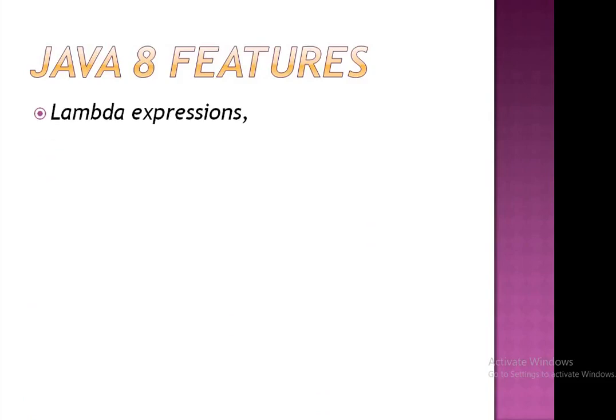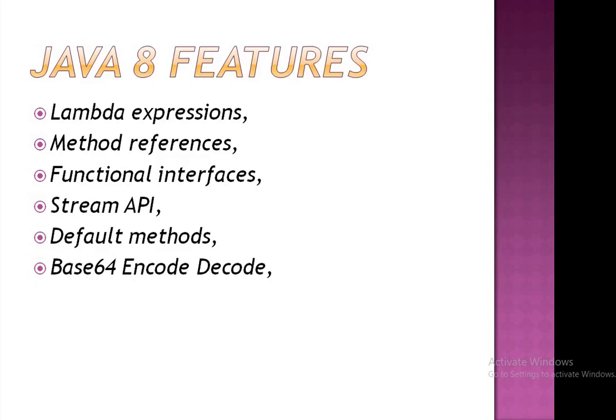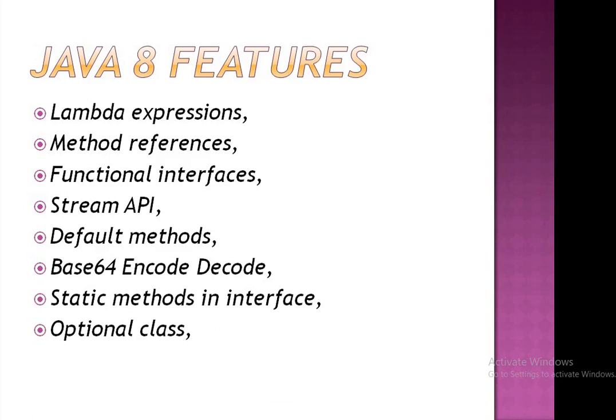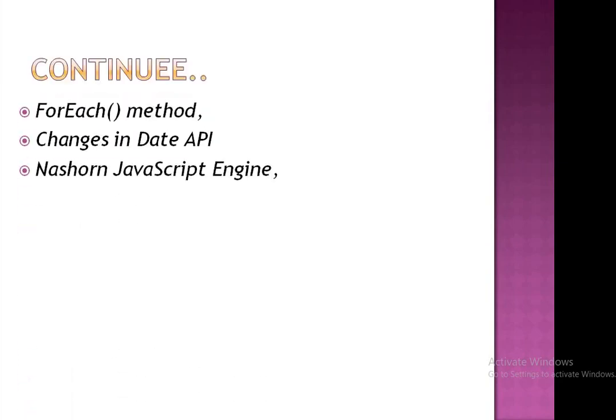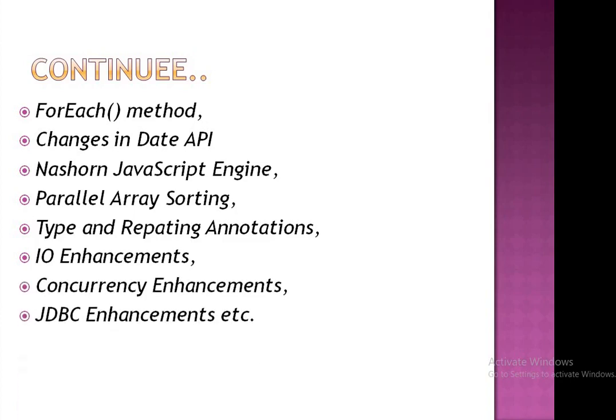The Java 8 new features are lambda expressions and method reference, functional interfaces, Stream API, default method in interface, Base64 encode decode changes, static method in interface, Optional classes, and Collector classes, and other things like forEach methods, changes in the Date API, Nashorn JavaScript engine, parallel array sorting, type and repeating annotations, IO enhancement, concurrency enhancement, and JDK enhancement.